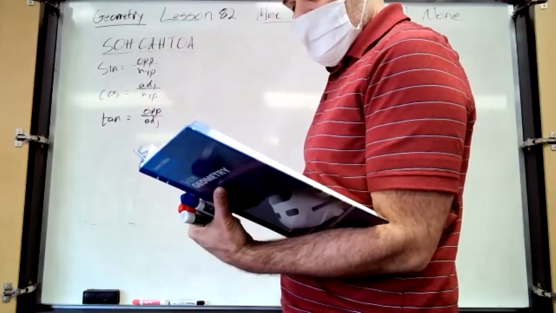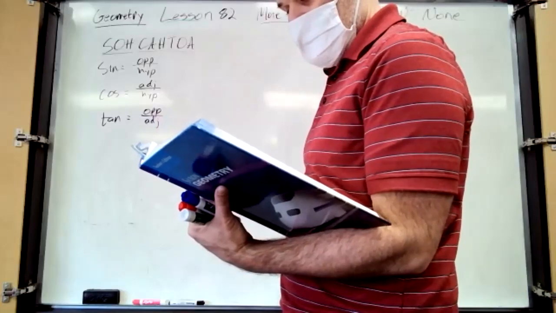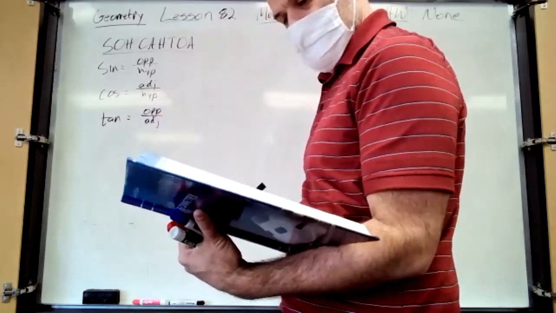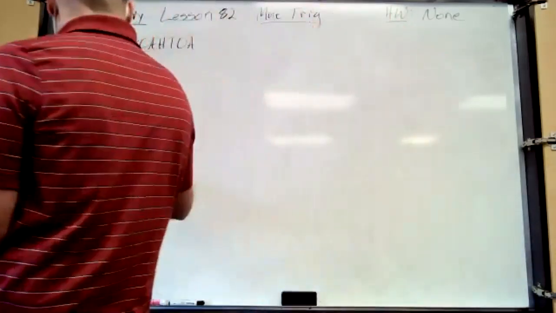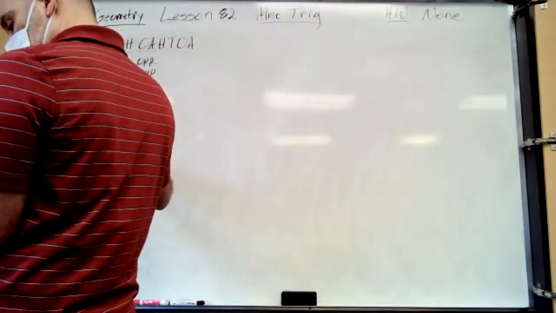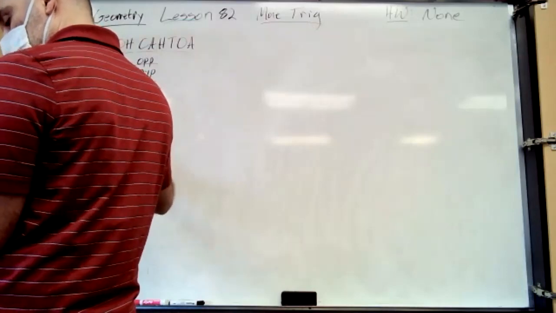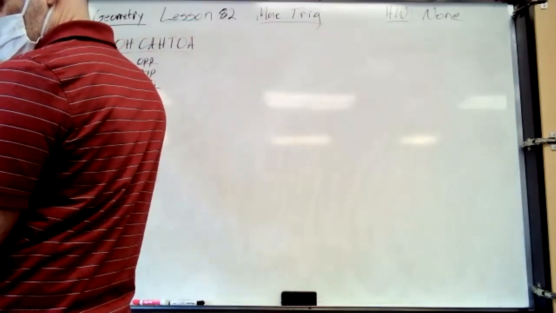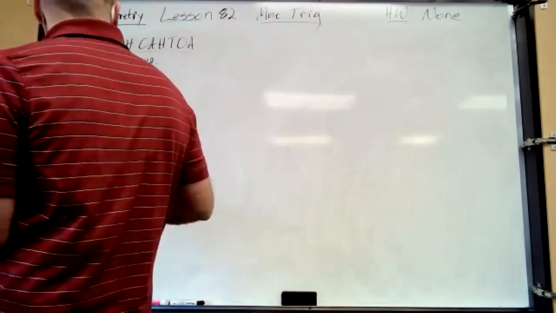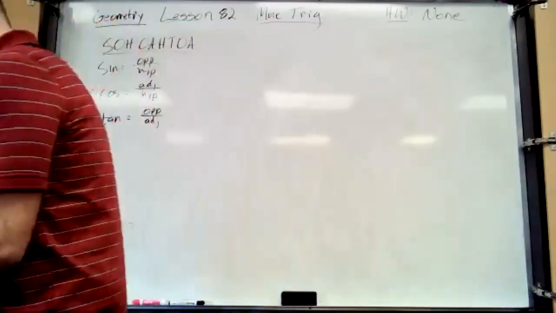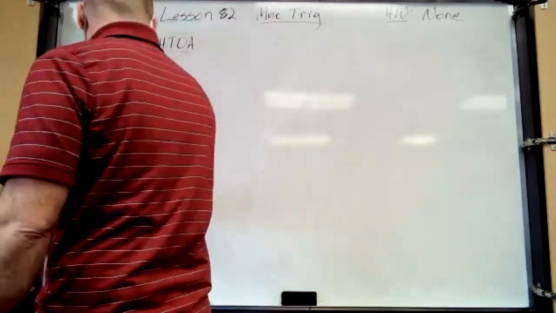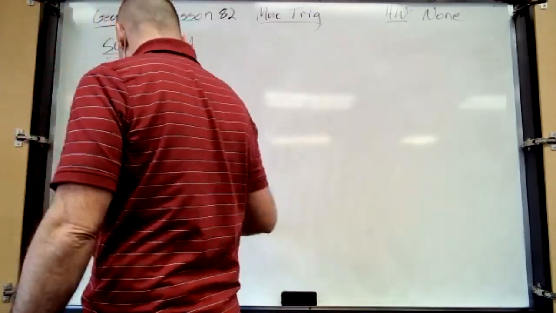For example, the inverse sine is the measure of an angle where the sine ratio is known. Okay, so if I want to figure out an angle, let's do just a real quick example here.